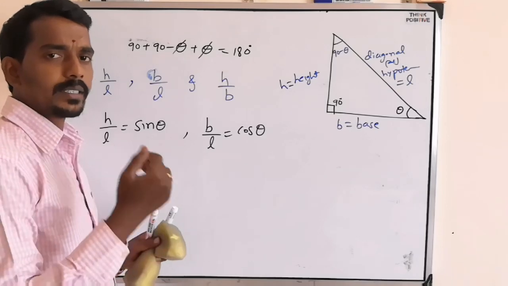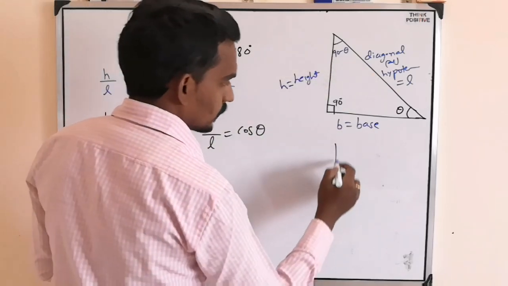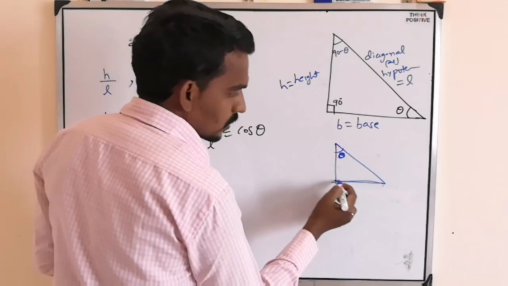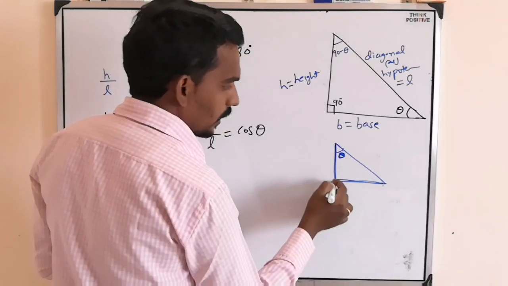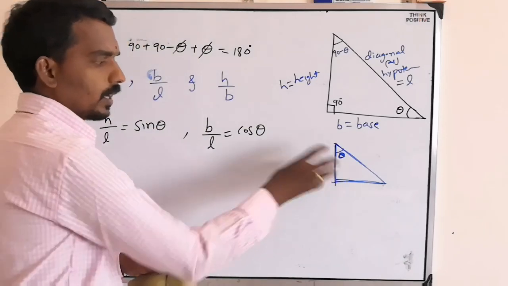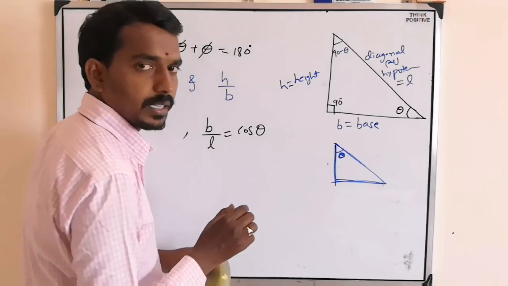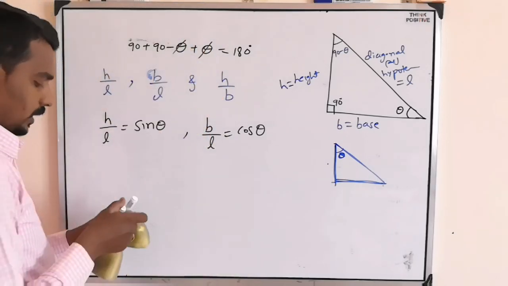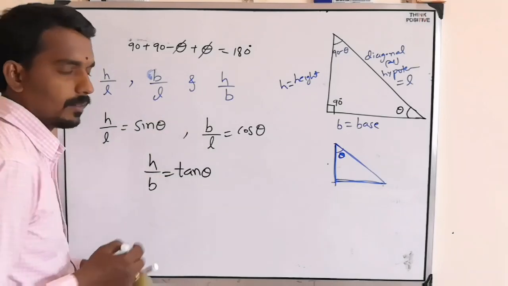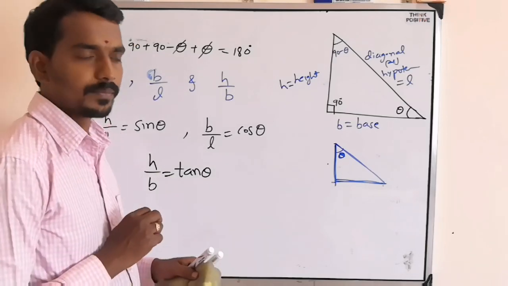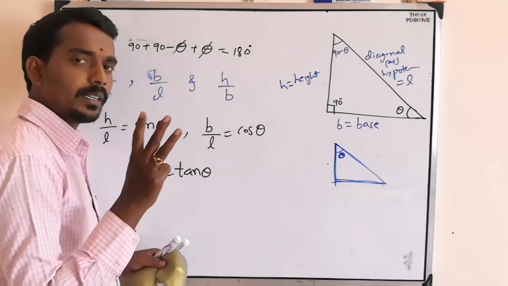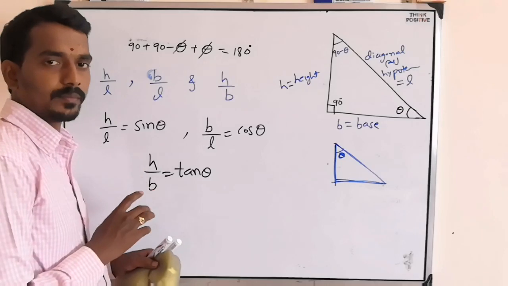Or you can simply take one triangle and one theta, then opposite is called opposite, the beside one is adjacent, and the other one is hypotenuse. This way you can define sin theta, cos theta. Also one more thing, h by b, that is tan theta. So this is the way you can define the three important trigonometric ratios.